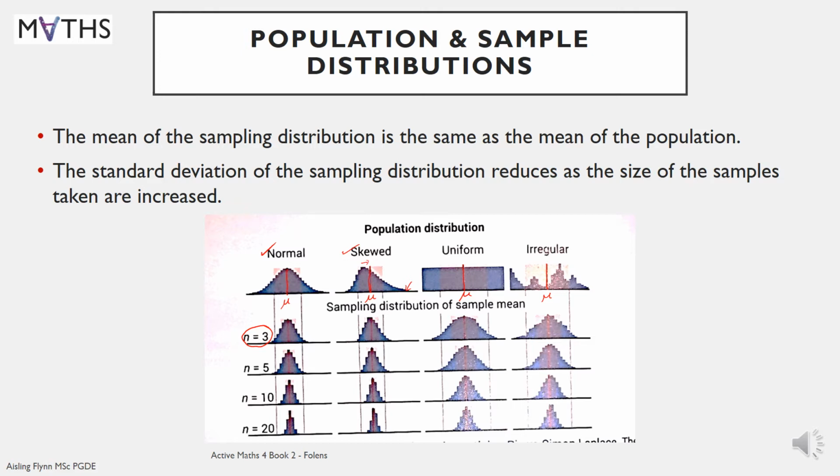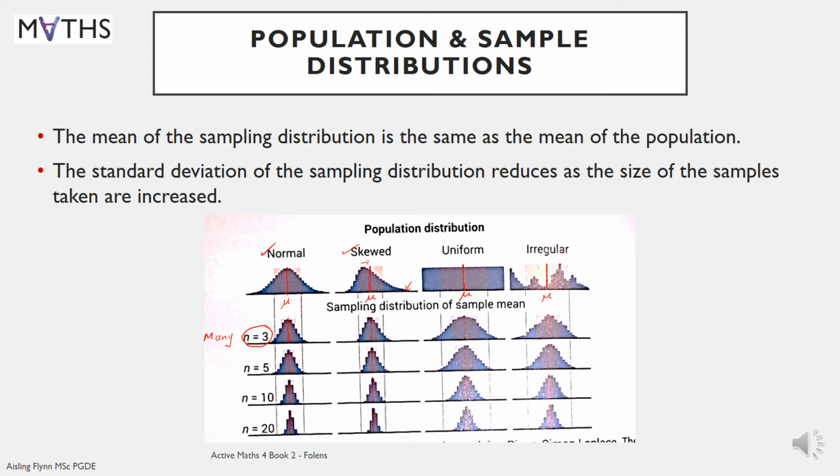There are many of these n equals 3 samples, and all of the means from all of the samples are put into a histogram, and what you will see is that the mean of all those sample means will be the same as the mean of the original population.